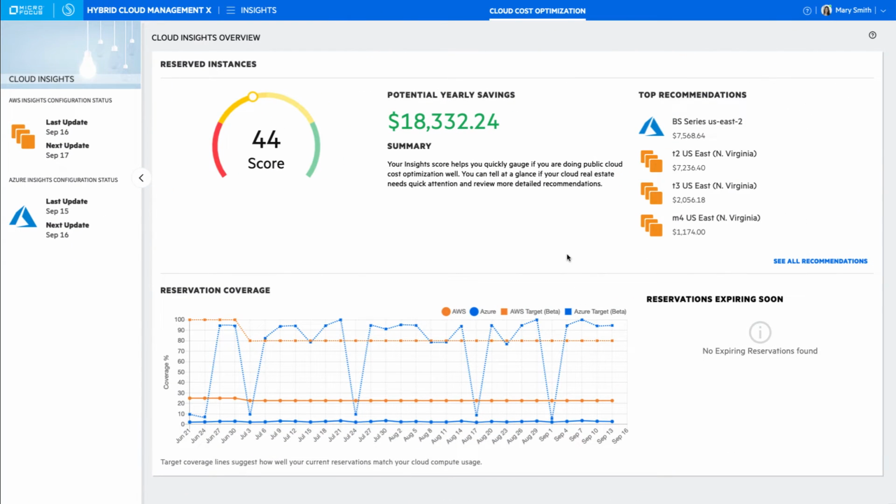Next up, let me show you how we help you to manage reservations. And reservations are essentially upfront purchases that allow you to run resources at a discounted rate. Now you can save a lot of money by purchasing such reservations, but from a return on investment perspective, it only makes sense to do this for resources that are going to run in your environment for longer periods of time, typically 1 or 3 years.